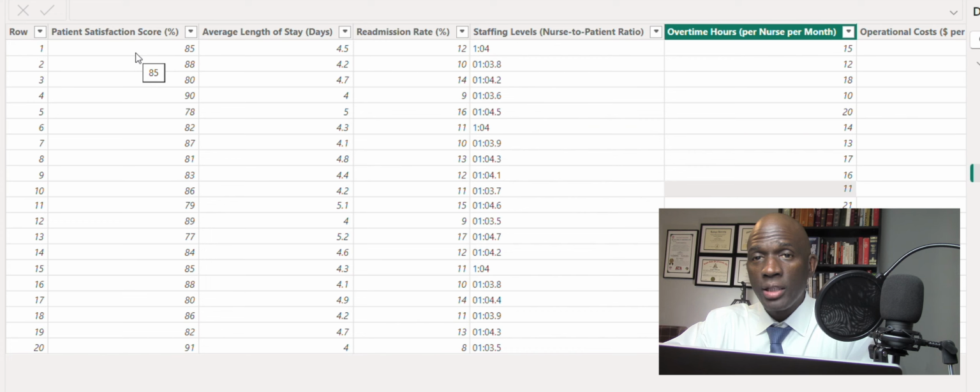And the mean, again, is going to be the average, where we're going to add all of these up together. We're going to divide them by the total number of 20, and that's going to give us the readmission rate percentage average, or the average readmission rate percentage. Again, if we're looking for the mode, we can find the number that occurs the most in the readmission rate percentage.